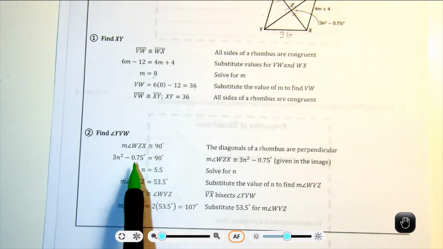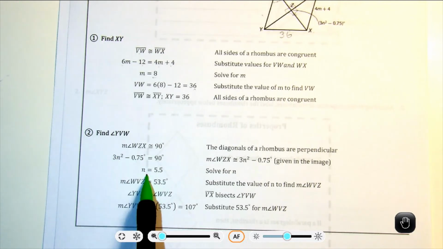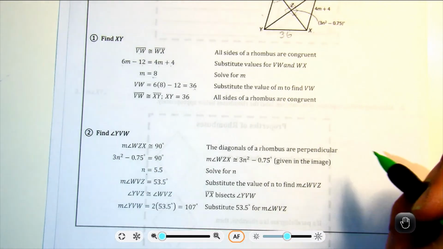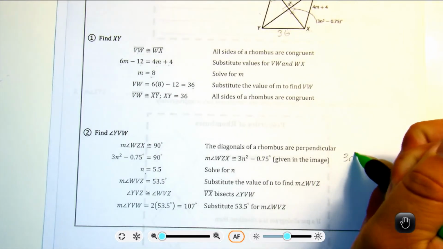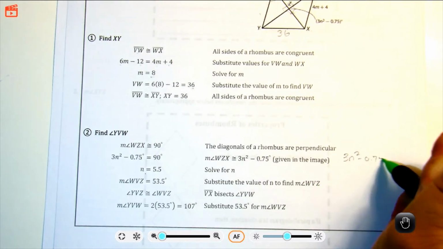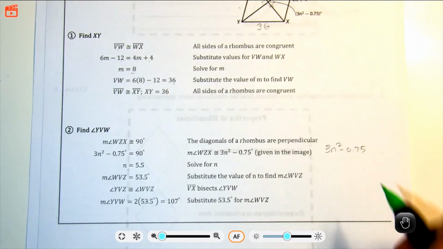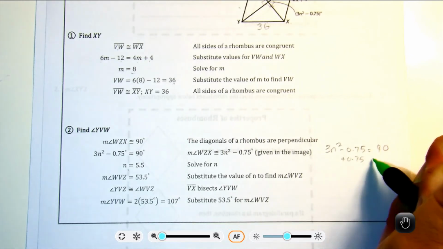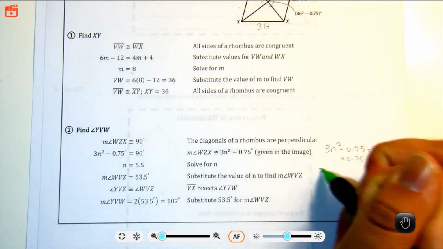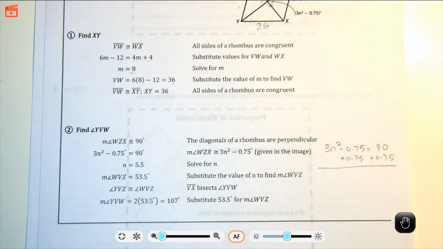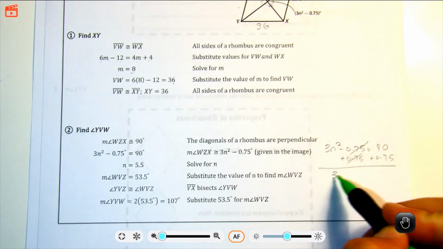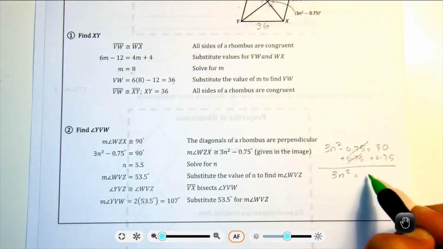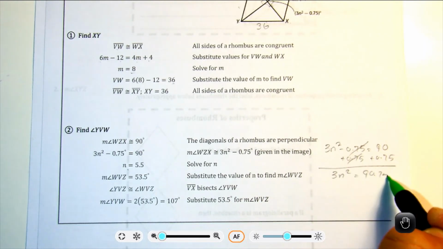So, to get from this step to this step, I'm going to kind of show you on the side here. So they had 3n squared minus 0.75 equals 90. The first thing they did was they added 0.75 to both sides. And you're left with 3n squared is equal to 90.75. Next, they divided everything by 3.